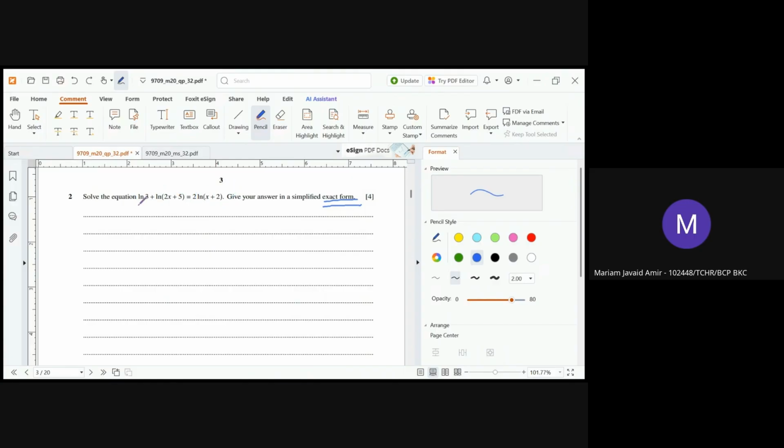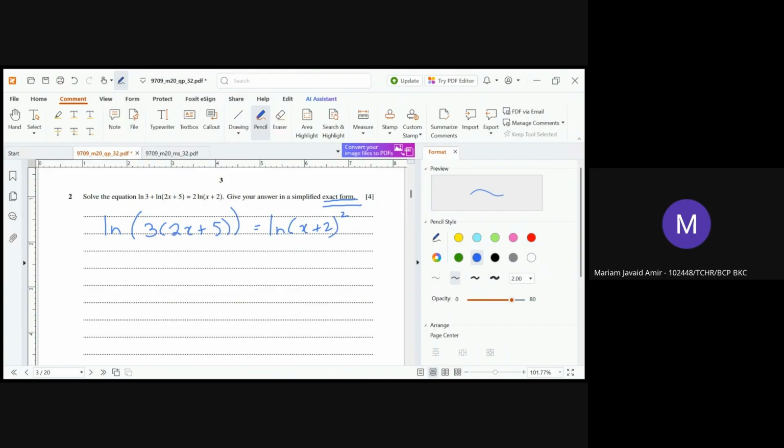Since the log terms are multiplying here, we'll rewrite it as ln, and now we're going to multiply the arguments, 3 times 2x plus 5, equals, on this side, this 2 is bothering us. What we'll do, we'll send it to the power so that we have ln here as well.